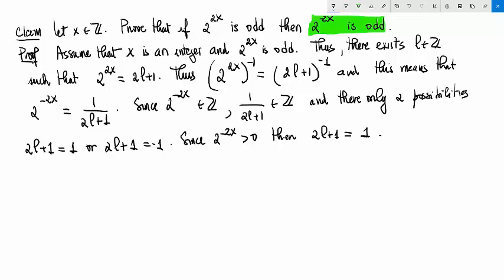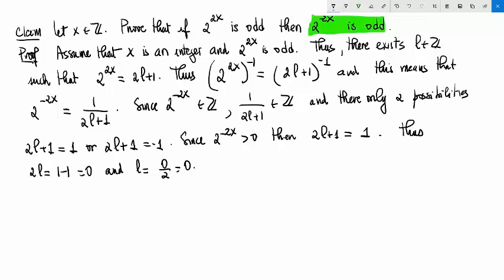Okay, so the fact that 2 power 2x is odd tells us automatically that 2L plus 1 must be equal to 1. As such, there's only one way for 2L plus 1 to be equal to 1. Let's think about it. 2L must be equal to 1 minus 1, which is 0, and L must be equal to 0 over 2, which is 0. Right?